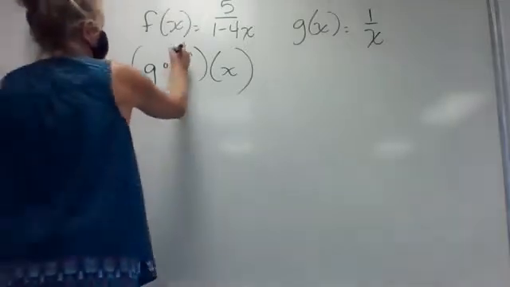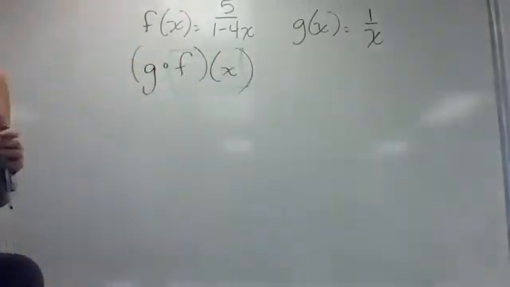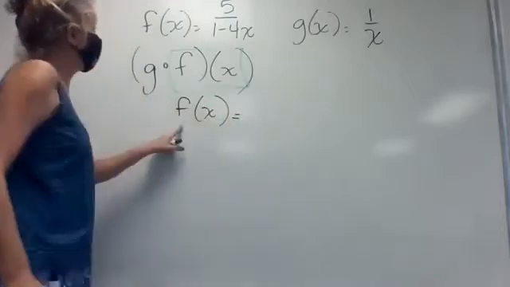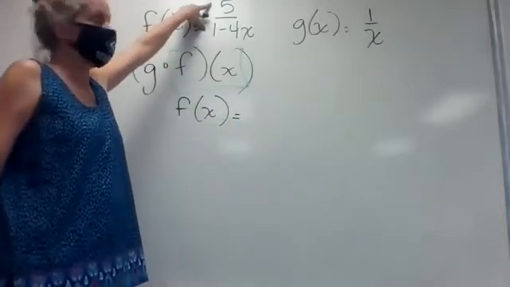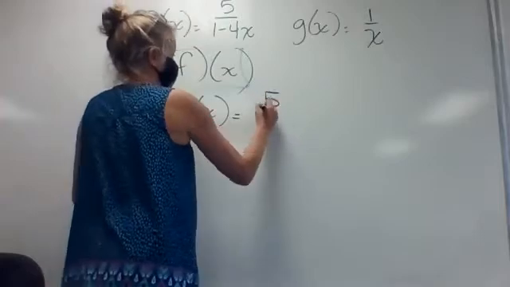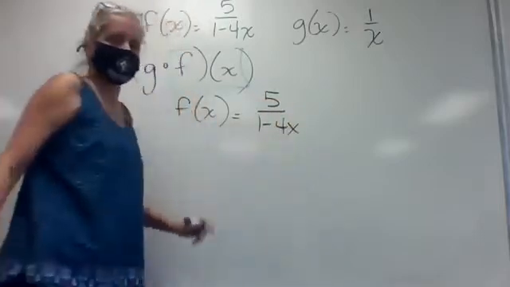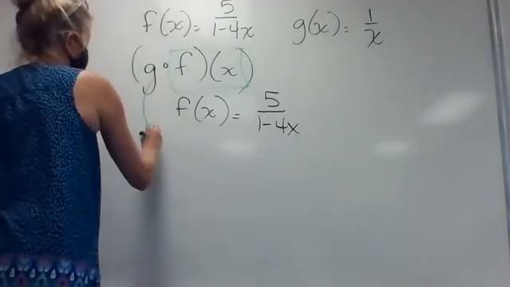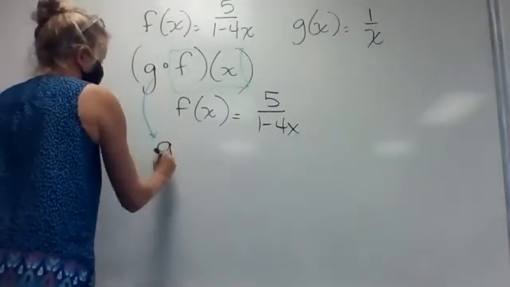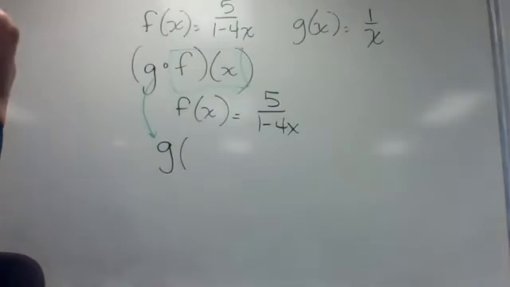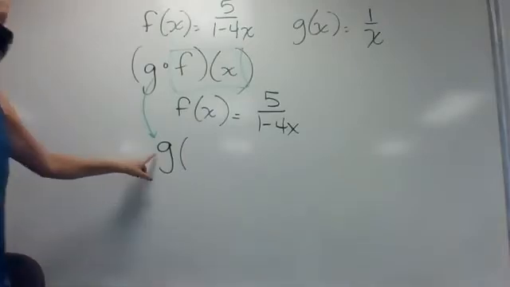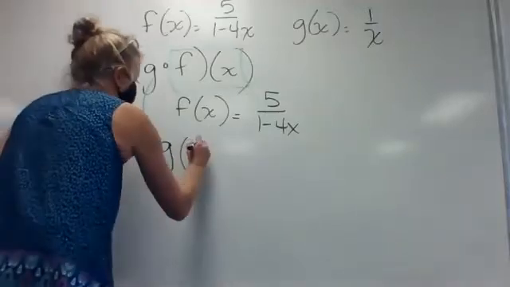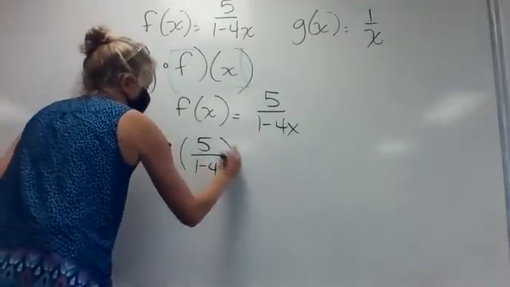So first things first, f of x, which is 5 over 1 minus 4x. Done with that first part. Dropping down my g. What are you finding g of? Right, 5 over 1 minus 4x.